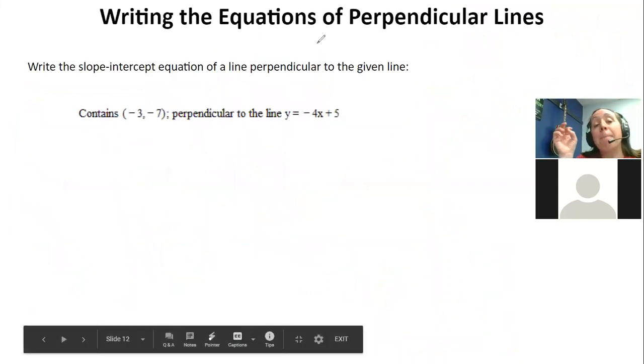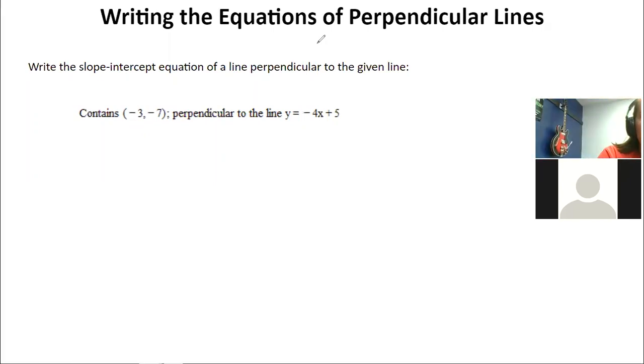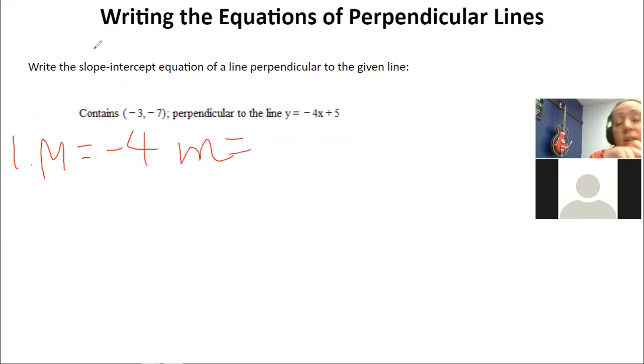Okay, so we got to make a line that is perpendicular to this line that they gave us. So first I'm going to read that slope. What is the slope of the line I am given? We're almost done. What is the slope of the line I'm given? -4. So the slope of a line perpendicular to that line would have to be what? 1/4.